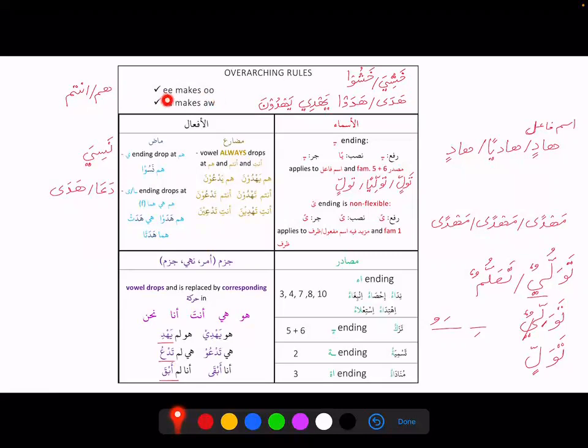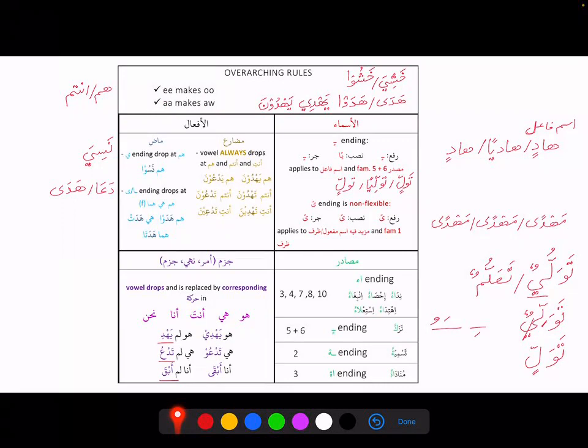So if it is an E sound, when we are conjugating hum and antum, which are plurals, the sound will become oo. For example, when we say khashiya, huwa khashiya, huma khashiya with alif, and then hum will be khashu.